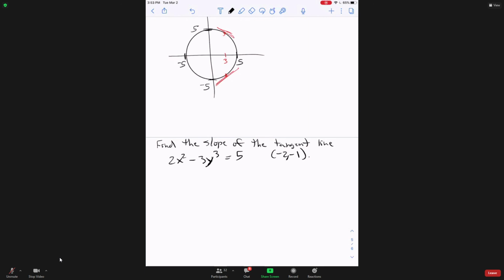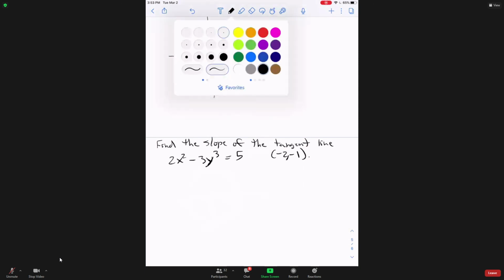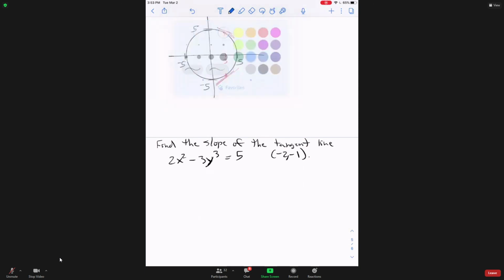So the derivative of 2x squared is 4x. Let me do the answer in blue. The black is the question.